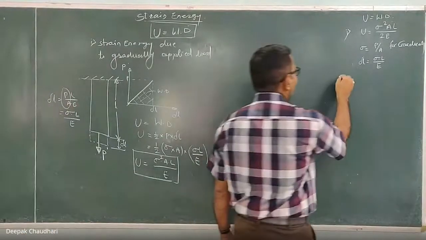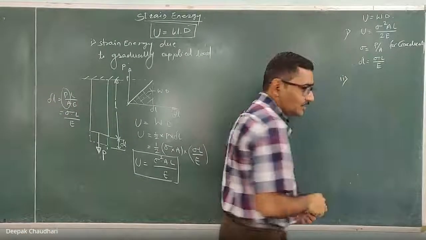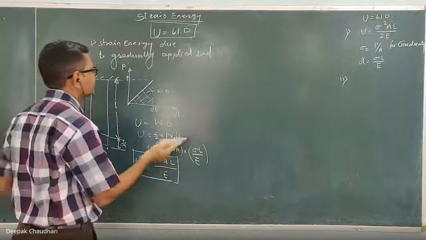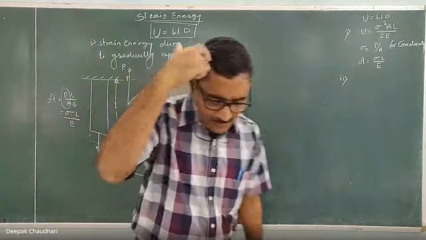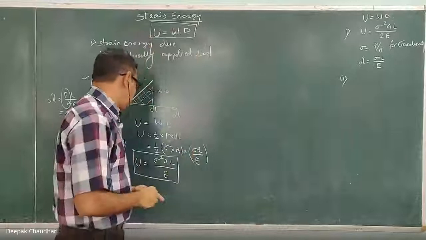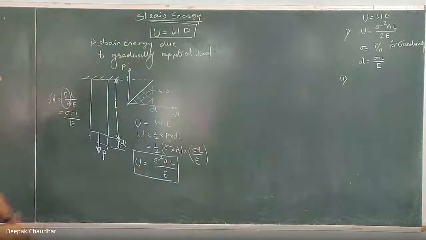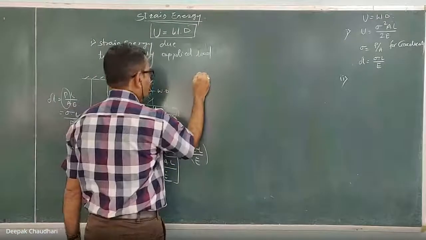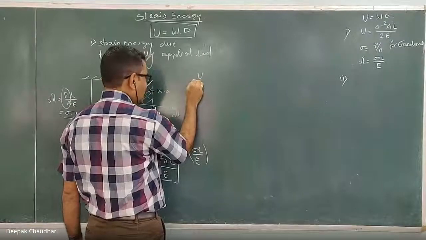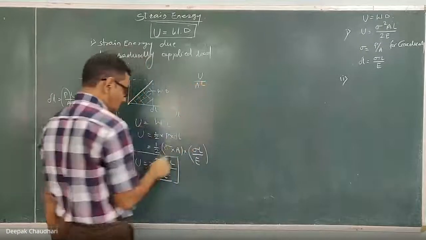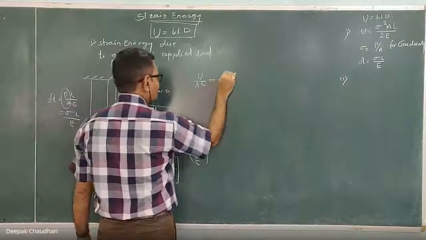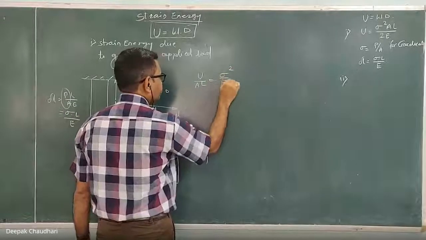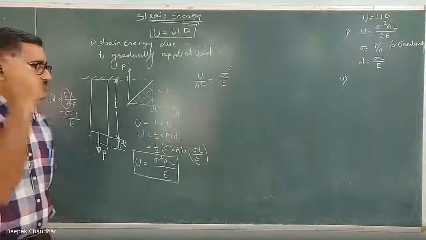The second one is the strain energy stored due to the sudden applied load. Before that, I would like to tell you one thing. If you observe this formula, strain energy equals sigma square AL upon 2E, from this I can write the strain energy upon A into L, which is equal to sigma square upon 2E.